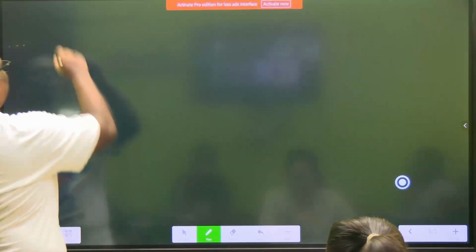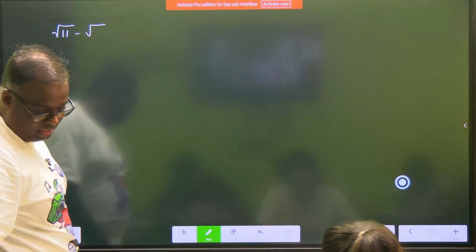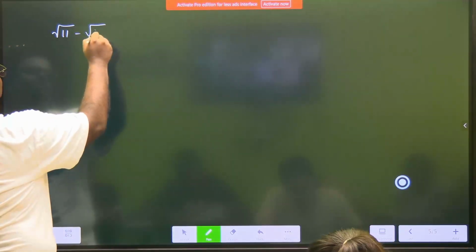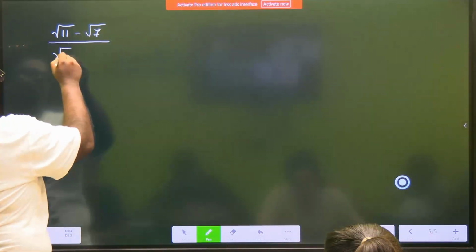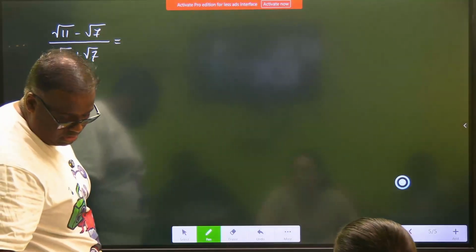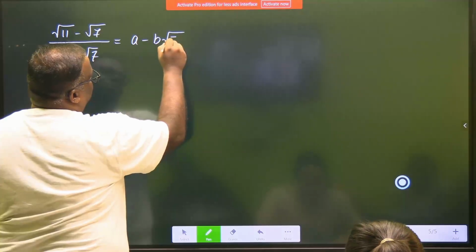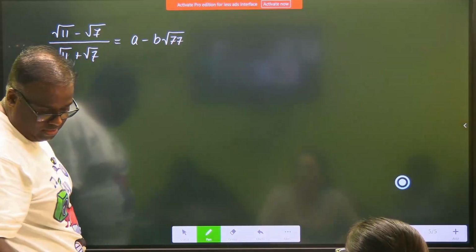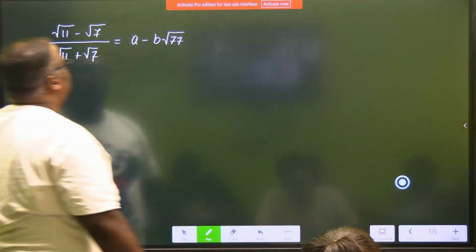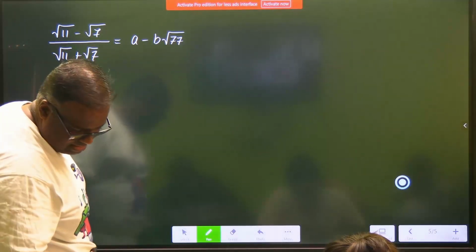चलो ये करो, root 11 minus root 7 divided by root 11 plus root 7 equals a minus b root 77 or 7, yeah, 77. Actually 77.